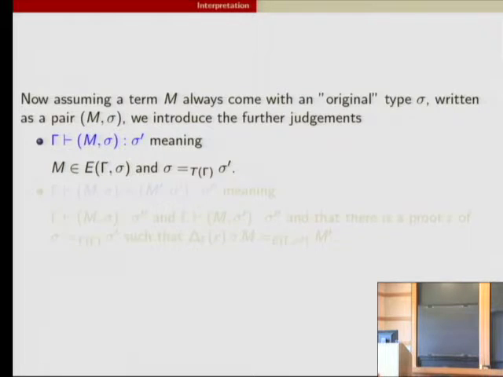So we have this as membership. Any term comes with an original type, the type it gets when it's first created. And then we can ask that it's a member of some other type. And this simply means that those types are related.